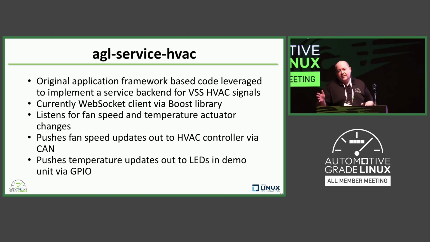In our full demo setup with the green machine that you may have seen, there's a little HVAC controller. The daemon pushes out CAN messages to set the speeds, as well as writes some GPIO settings to change the LEDs.